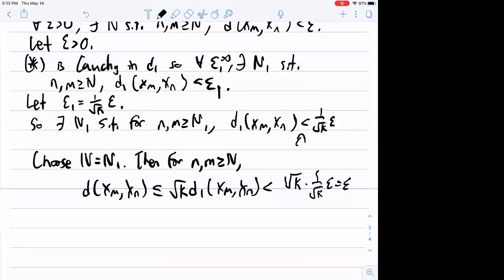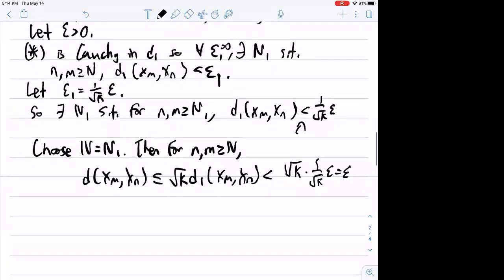So you can see that xn is Cauchy with respect to d.